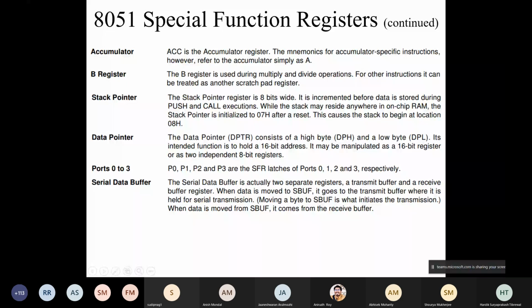So what is a scratchpad register? Scratchpad is nothing but a RAM register, a RAM-like operation. What is a scratchpad in reality? You have a rough notebook. Let's say you have a rough page at the end of your answer script or your notebook, just to do some scribbling work, write something, plan something, cut it, and then change it. That is scratchpad.